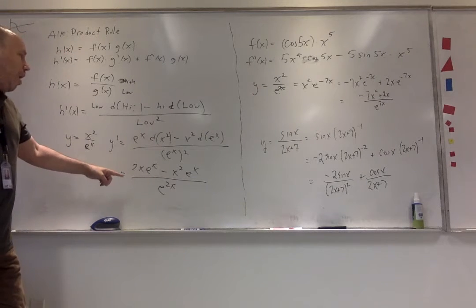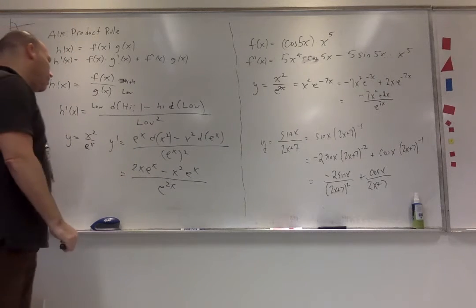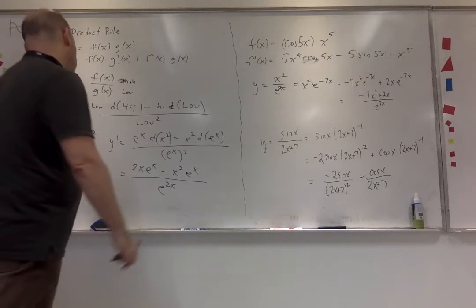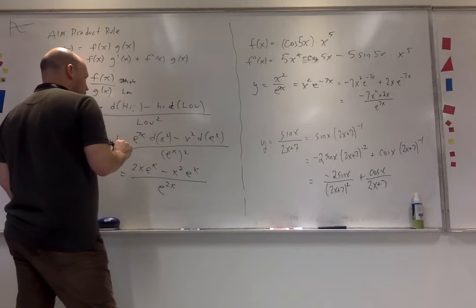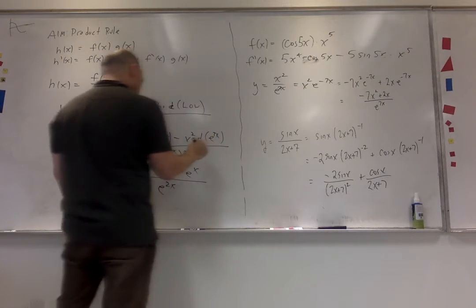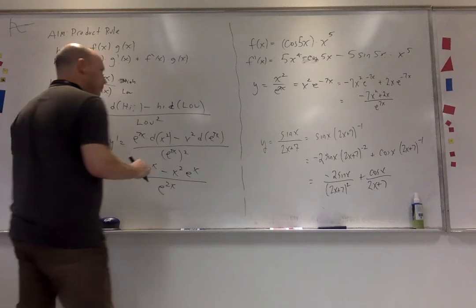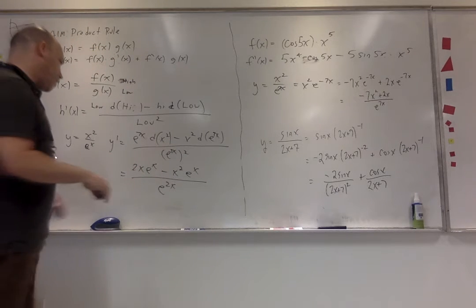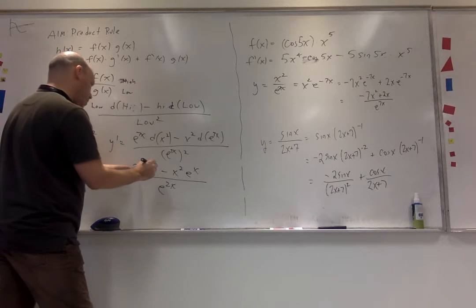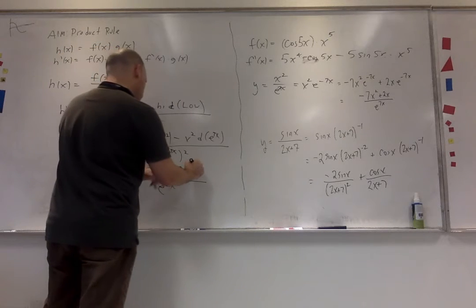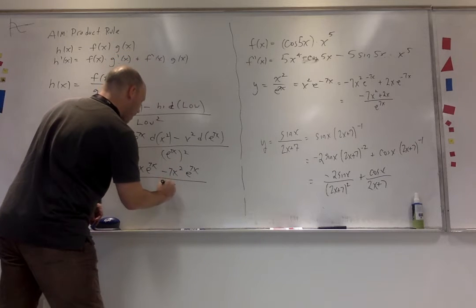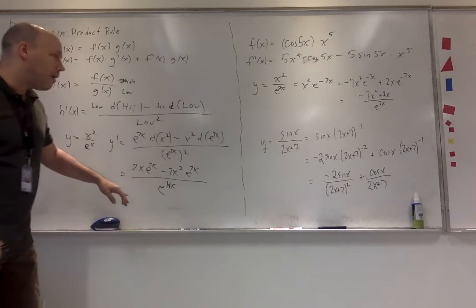Do we get that? Low d high minus high d low over low squared. Right? So what does this become? Is that what we got?